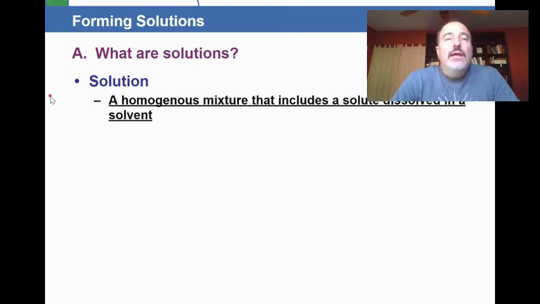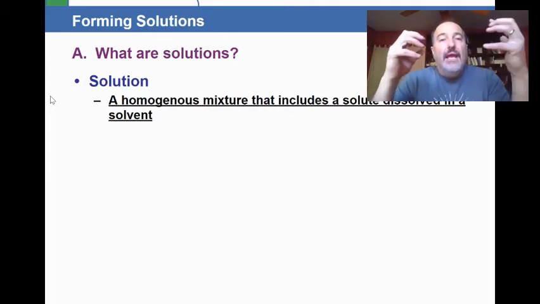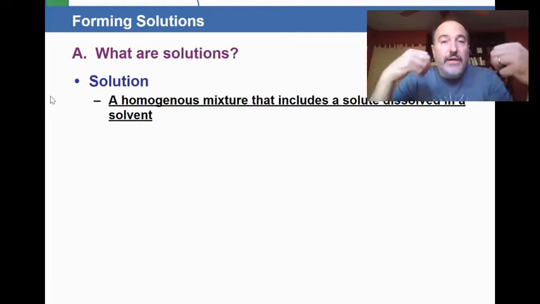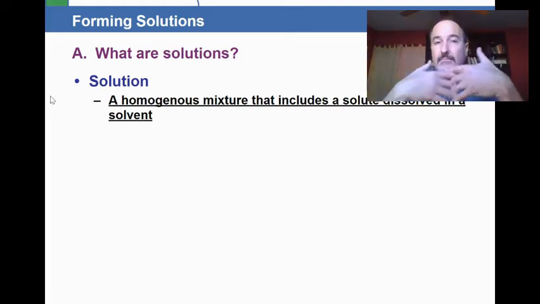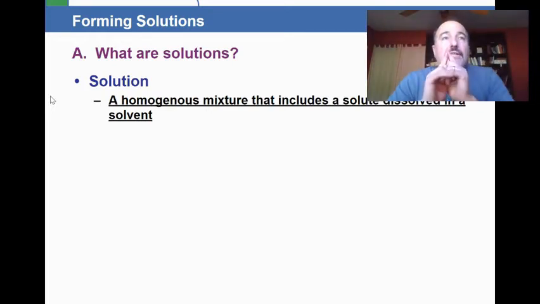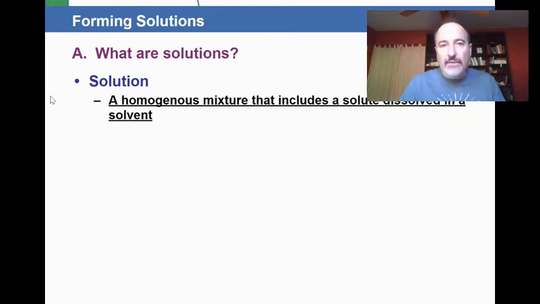A solution is a homogeneous mixture that includes a solute dissolved in the solvent. Now, the term homogeneous, remember, means that it is a mixture where you have two separate pure substances that are physically combined together. And it's homogeneous because all of the particles are evenly distributed about.